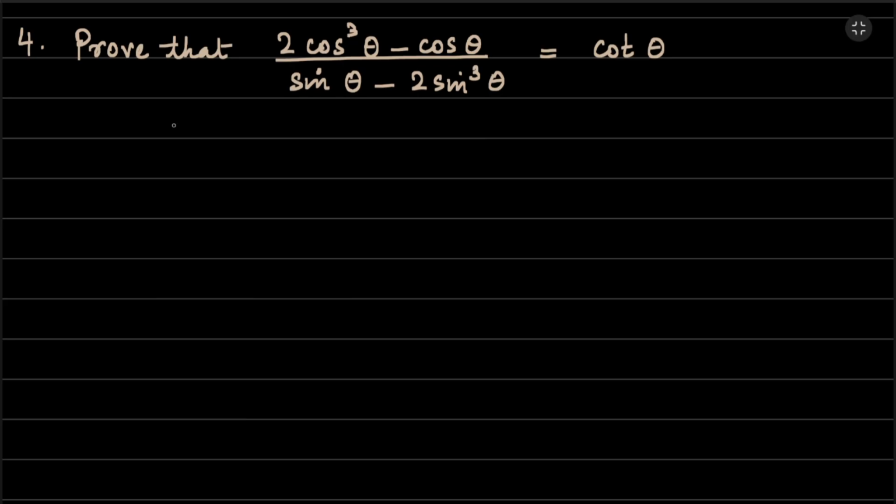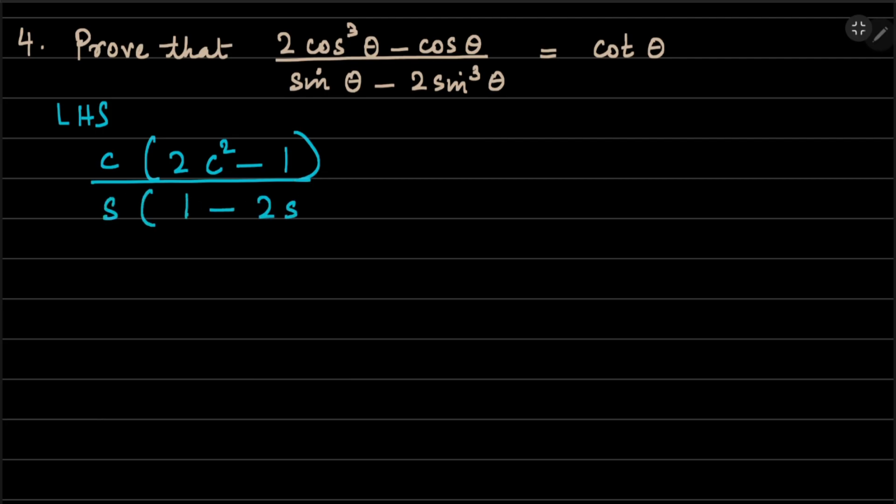So let's do it. Take your LHS, and take cos theta common. So what you have here is 2 cos square minus 1, divided by, again take sine theta common out, so you'll have 1 minus 2 sine square. Correct?